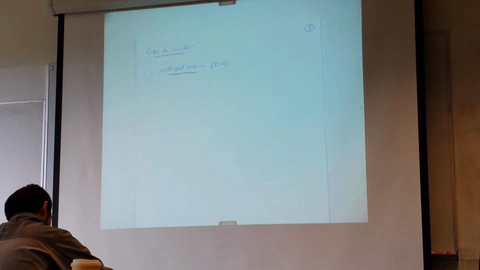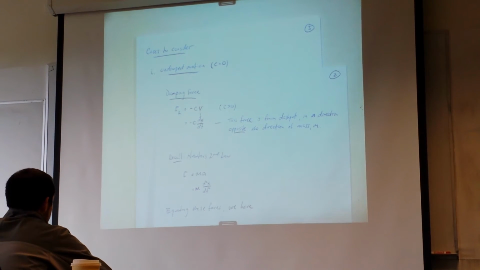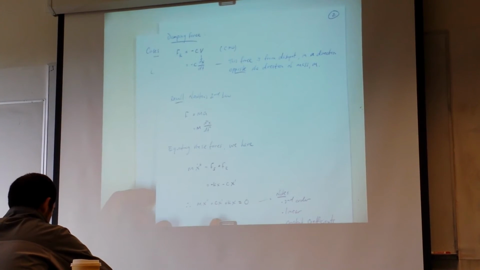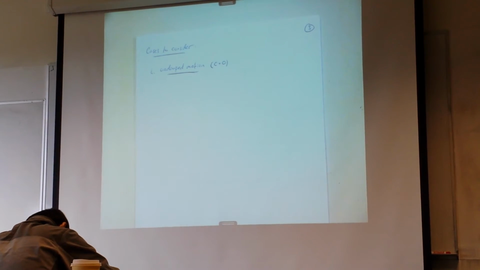So it takes away the force from the dash pot, this damping force, F sub r, and that's all we have. So with c equal to 0, what's the equation we get?